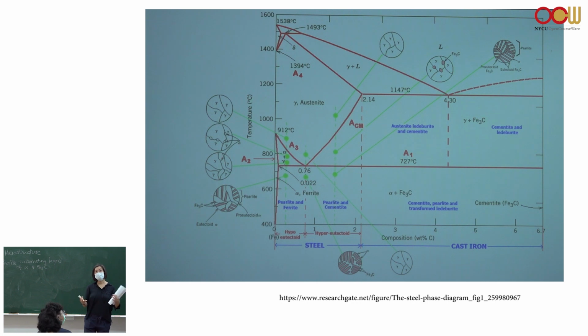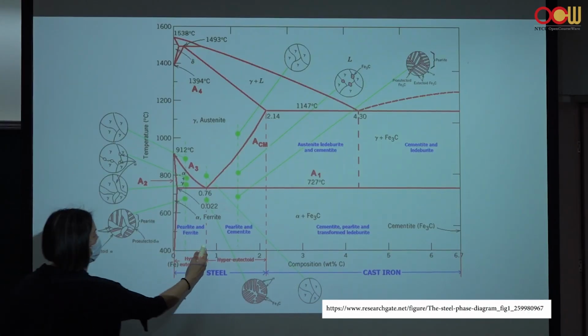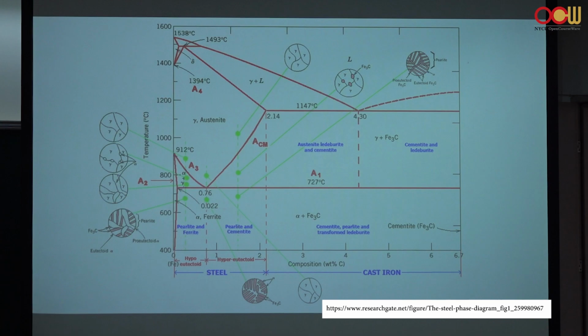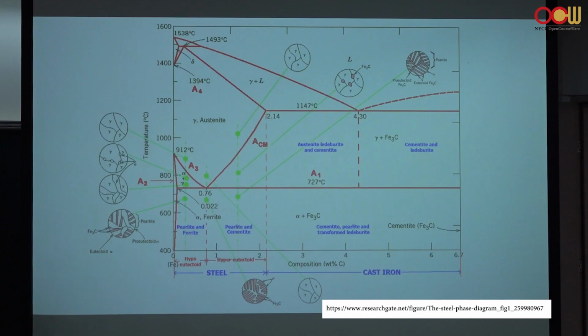So by looking just at the microstructure, you can tell if you have a hypoeutectoid steel or a hypereutectoid steel. If you get cementite pieces between the perlite, then you know your carbon concentration is greater than 0.76.